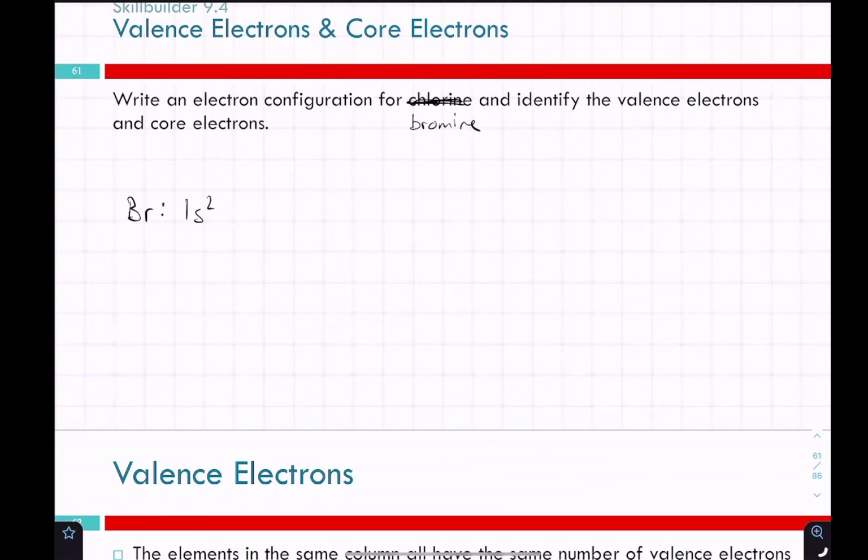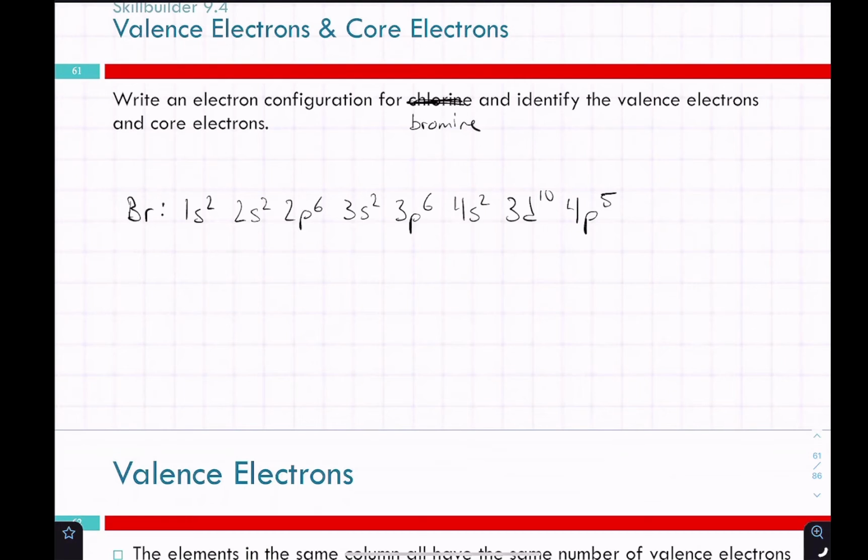You do 1s2, 2s2, 2p6, 3s2, 3p6, 4s2, and then we get 3d10, and 4p5. So that's the whole electron configuration for bromine.